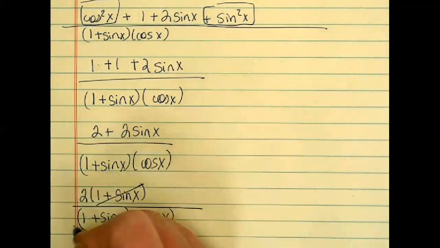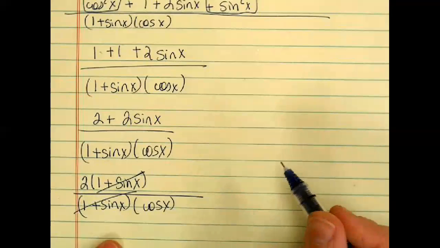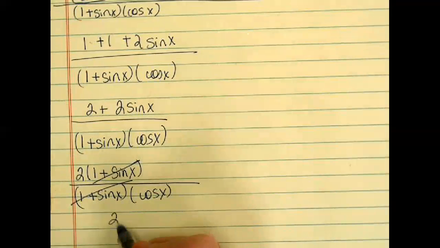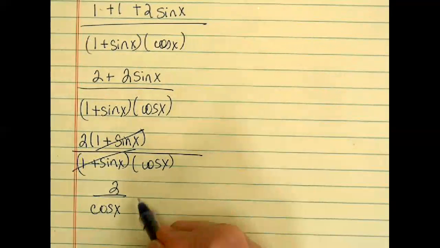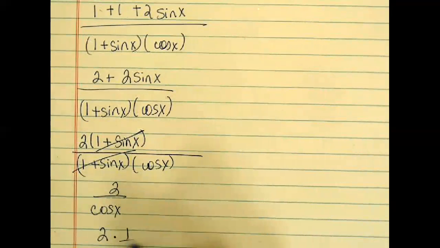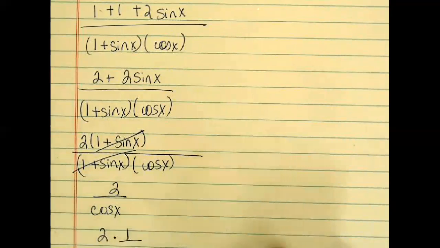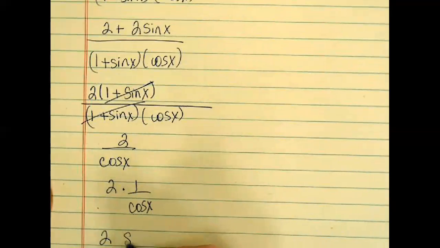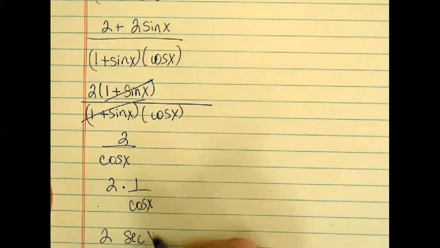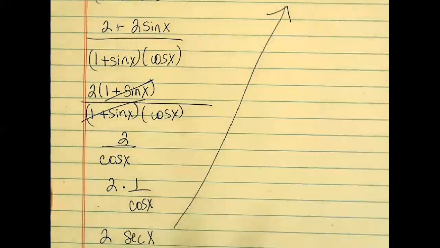Now I can cancel those because I have the same thing in the top and the bottom. Now I'm getting somewhere now. It's 2 over cosine x. Well, that's like having 2 times 1 over cosine x. And 1 over cosine x is the secant. So I finally got it to say 2 secant x.